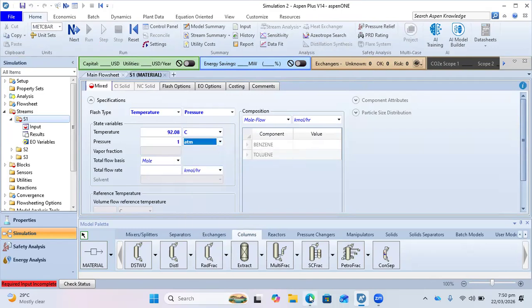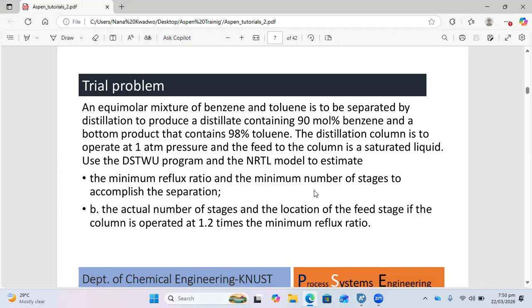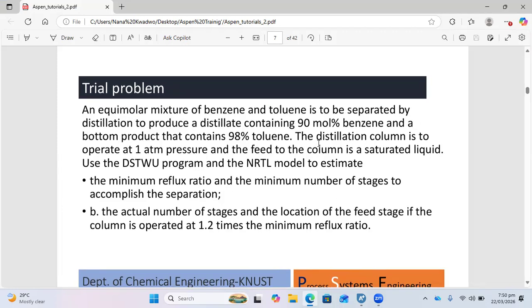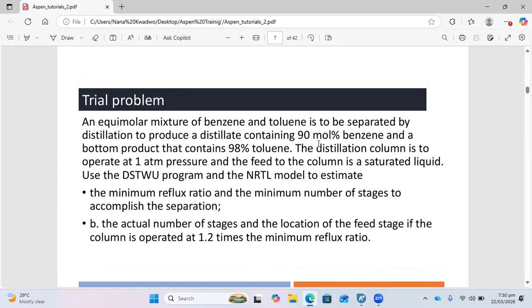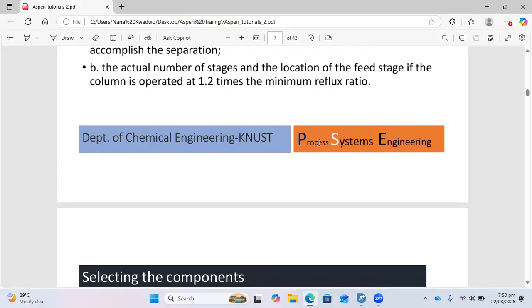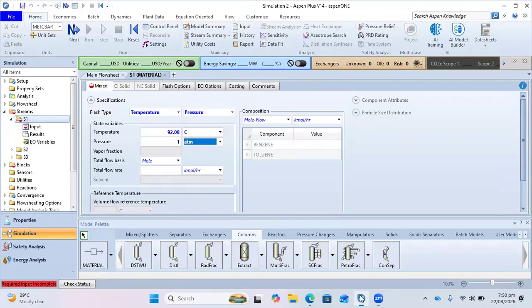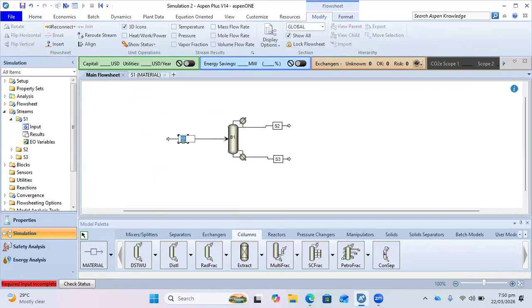And then for the flow rate, let's use a basis of 100 kilomole per hour. So we can specify this to be 100, and it's equimolar, so for our mole fraction, it will be 0.5 for both of them. Okay, so that's the feed. Let me label this as feed. We'll use it again very soon.